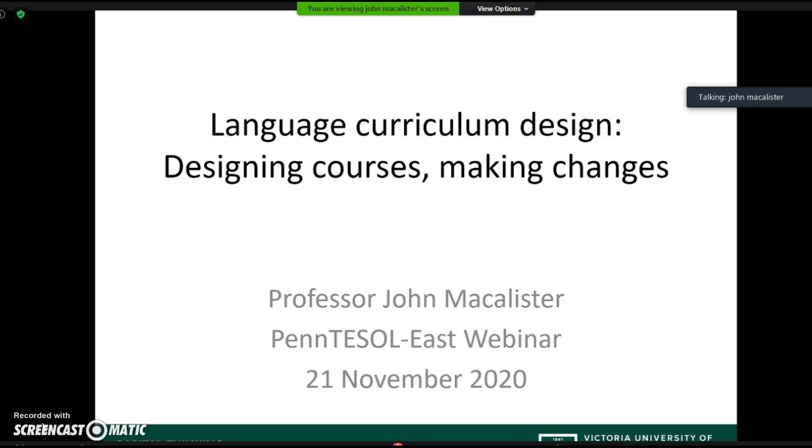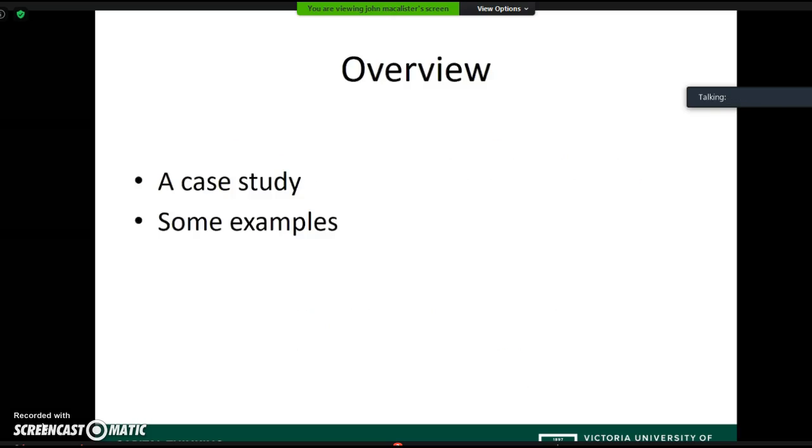So what I propose to do is to give a case study. It's going to be a bit of a story, a bit of a narrative, and the purpose of the case study is to illustrate the process of language curriculum design.